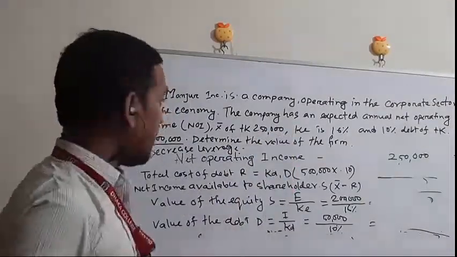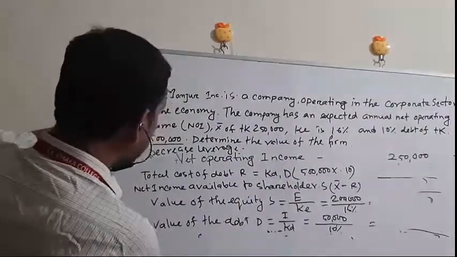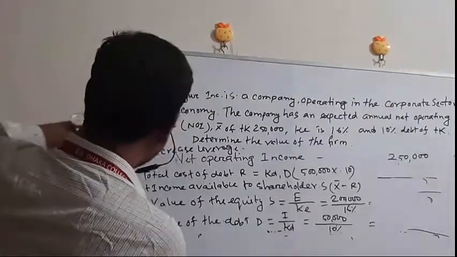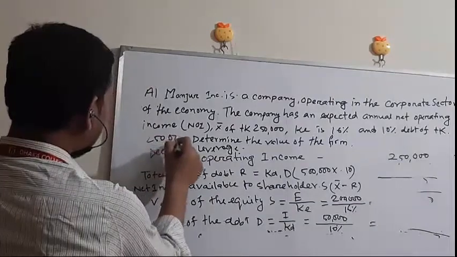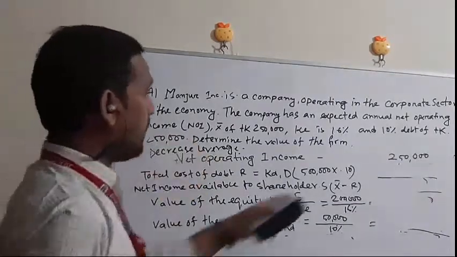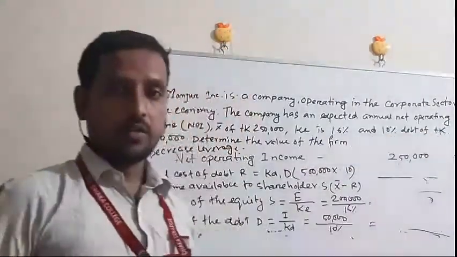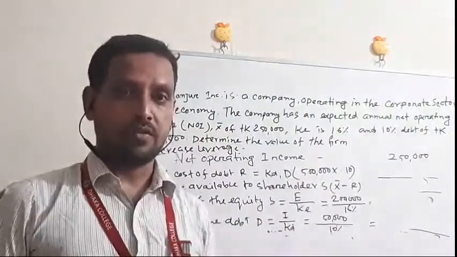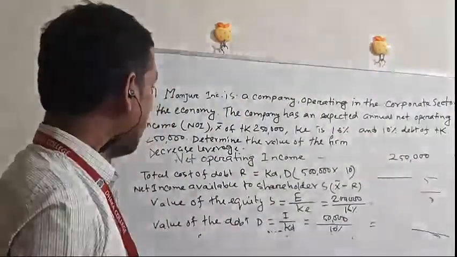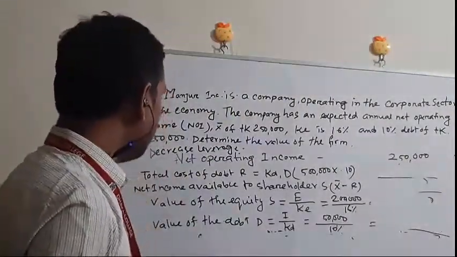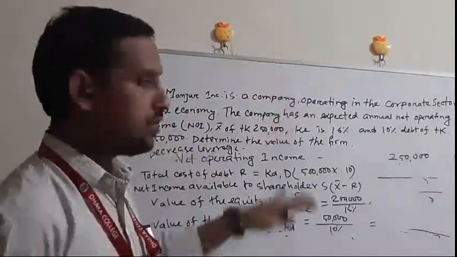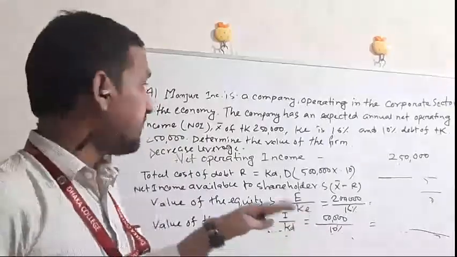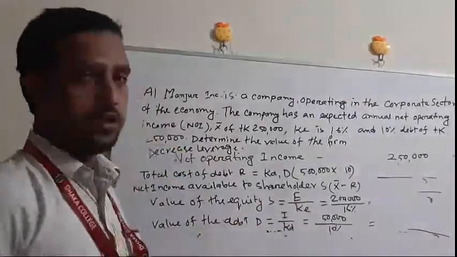I mean, at present leverage is 2,50,000 taka, and 10% debt. Interest rate is 10%. So we measure in this way. So there is no change in this math except leverage or debt.